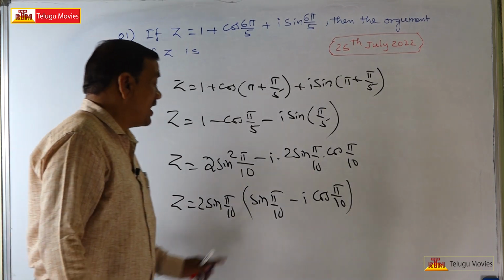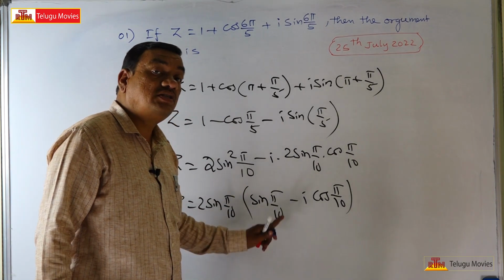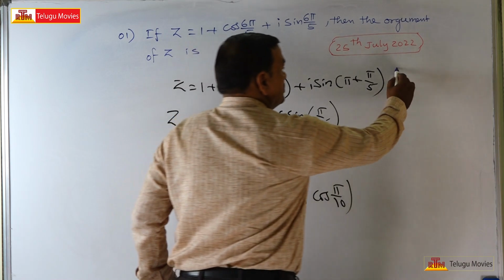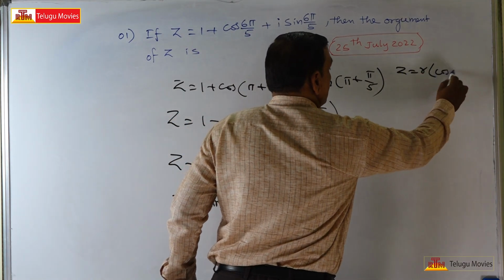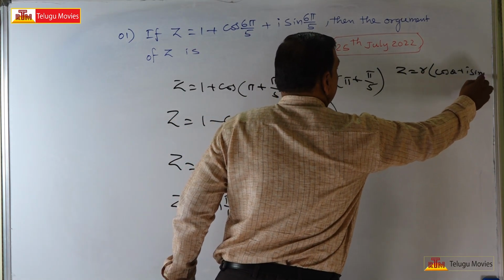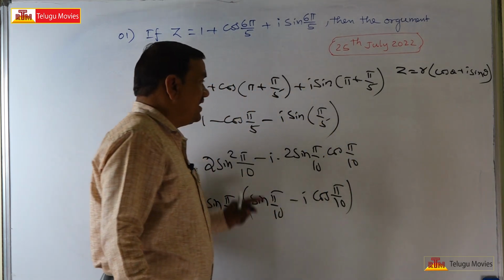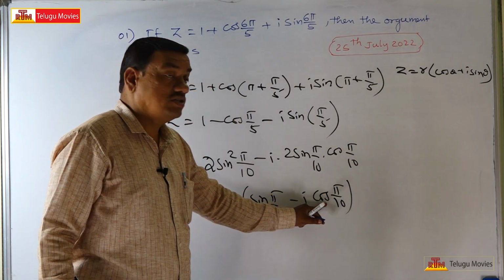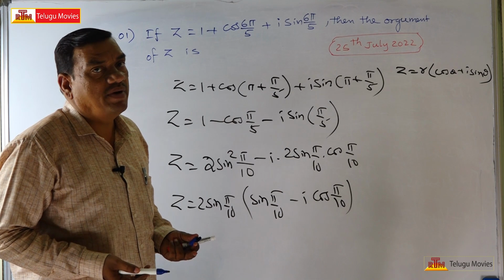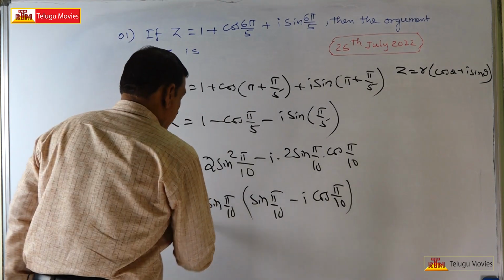Now it should be in the form R(cos θ plus i sin θ). But here sin is in the first place and cos is in the second. Then what will we do? We will take the complementary angles.